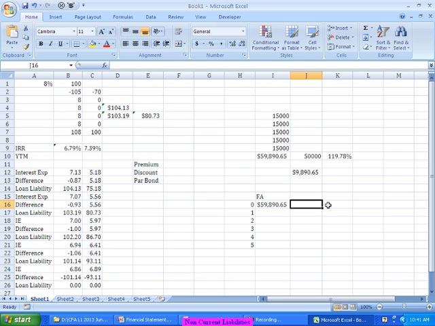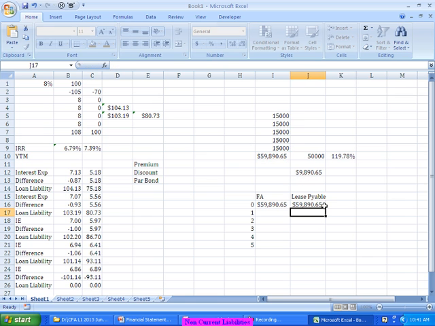Your assets will increase by 59,890 because it's as good as you have purchased it. For a lessee, it will increase by 59,890. And similarly, the liability. What is the liability? Lease payable also will increase by 59,890.